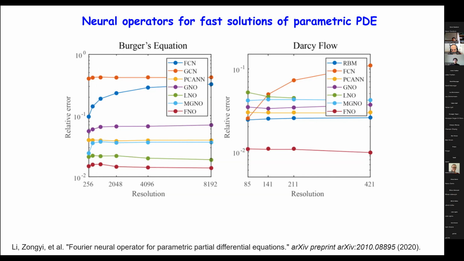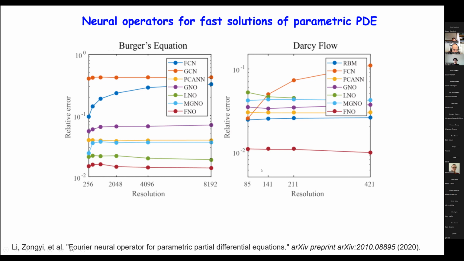And we have also compared our Fourier neural operator solutions with a bunch of popular neural network or neural operator approximators, and you can see that in all the cases, FNO has the lowest error. Plus, the benefit of constructing something in function space is that in all these cases, we have trained our neural operator approximation at a low resolution, which is somewhere here.